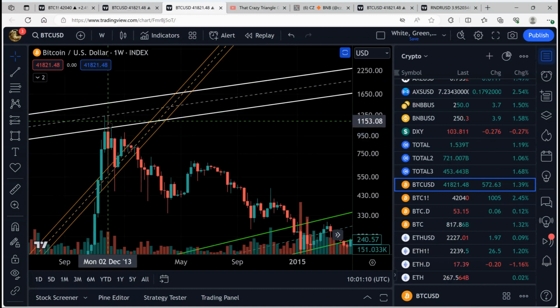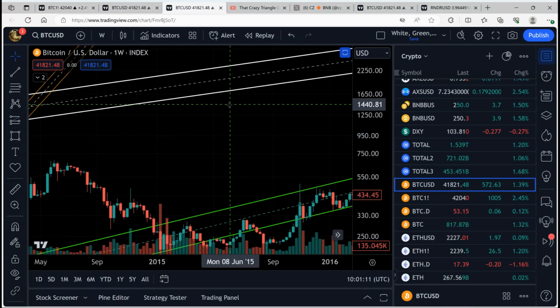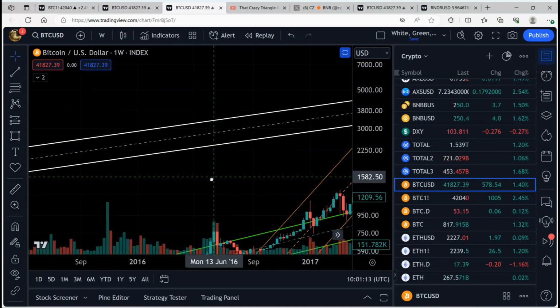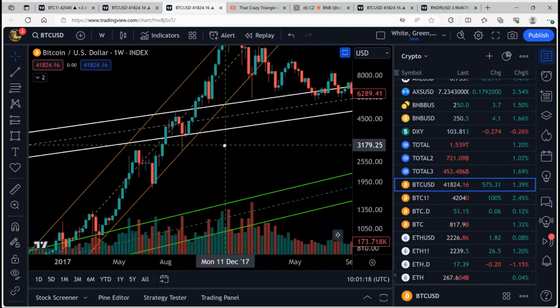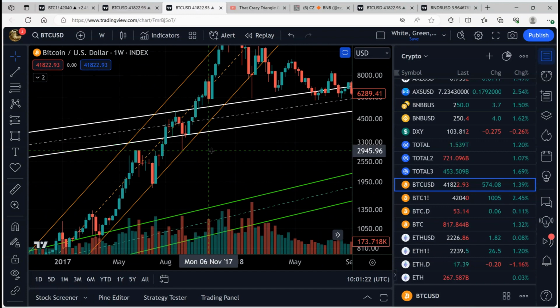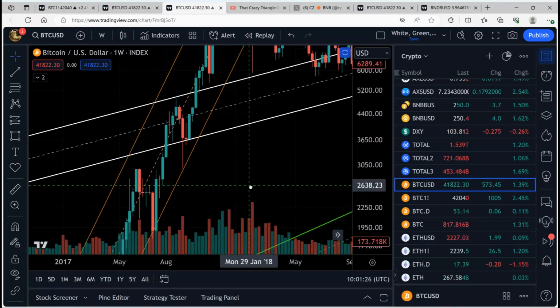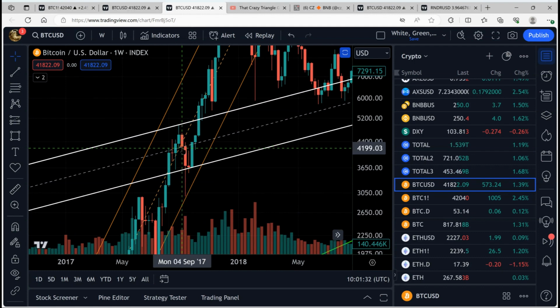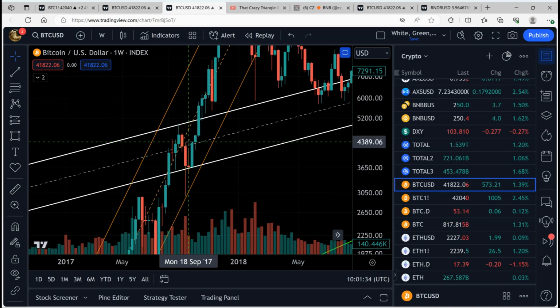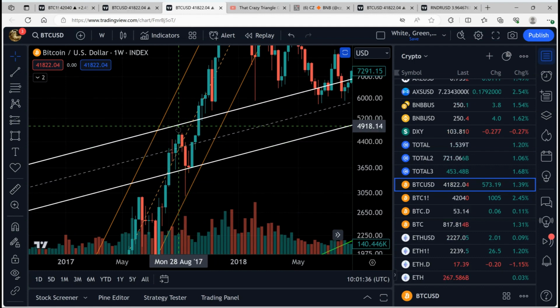Right there. And as we follow the white channel along, you can see that it's played a significant role in the price action. I mean, there's no denying this at all. Look at how we got this candle wicking right down here, the center line acting as support and resistance here, this acting as resistance.